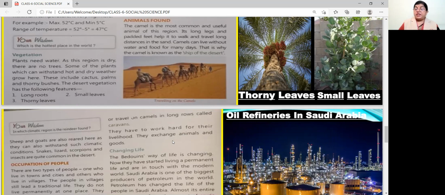Changing life. The Bedouins' way of life is changing nowadays. Previously, they had to work hard for their livelihood, they used to exchange animals and goods, and they were moving in caravans.